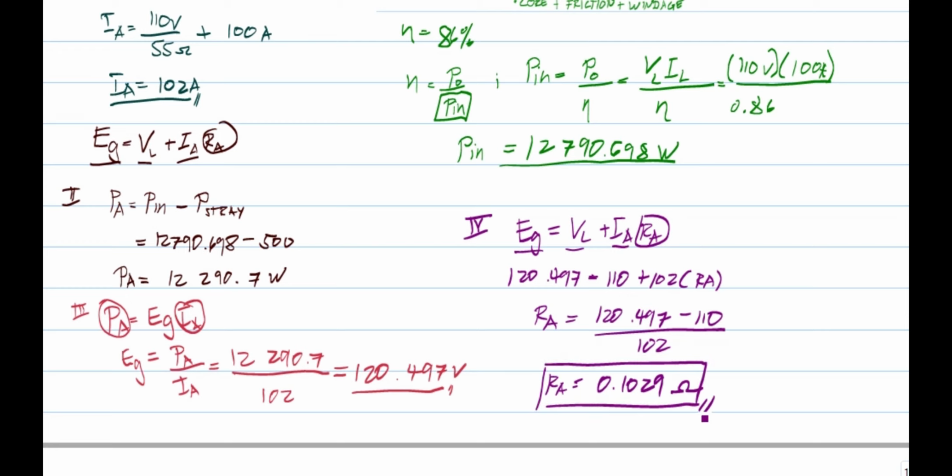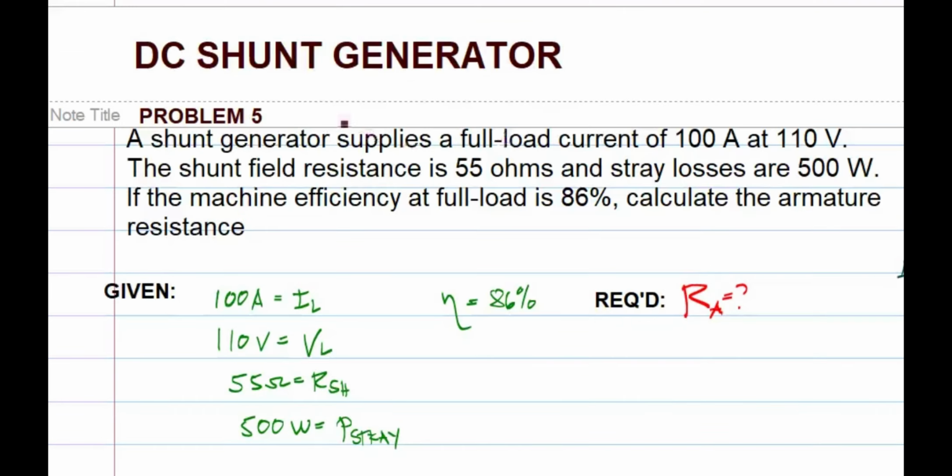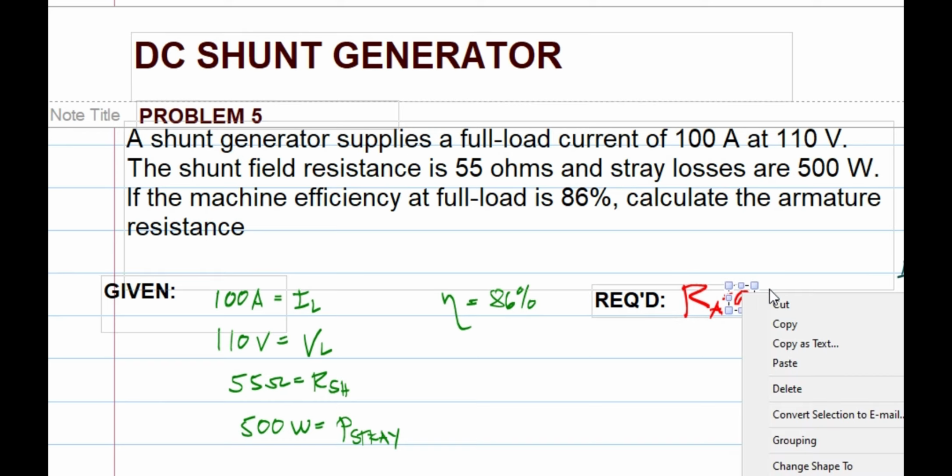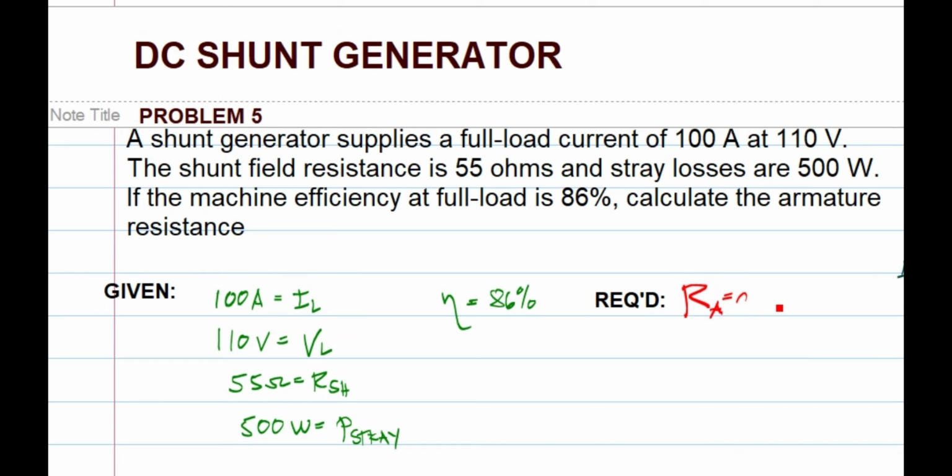That's the final answer. Therefore, RA is equal to 0.1029 ohms. That's all, and thank you.